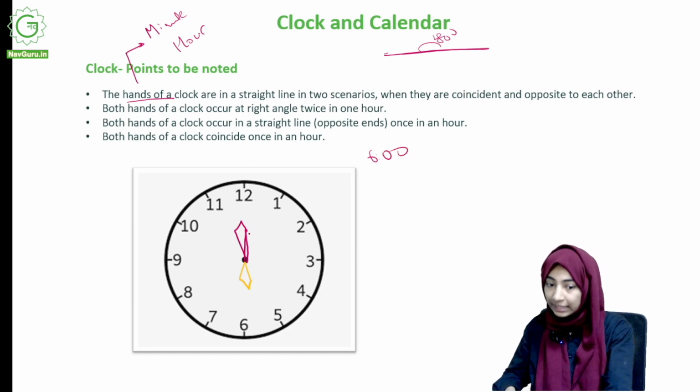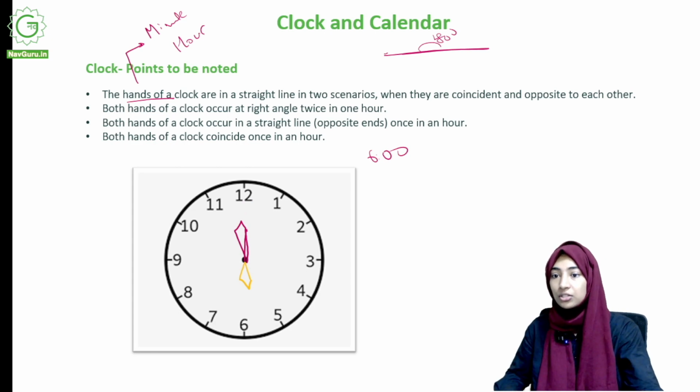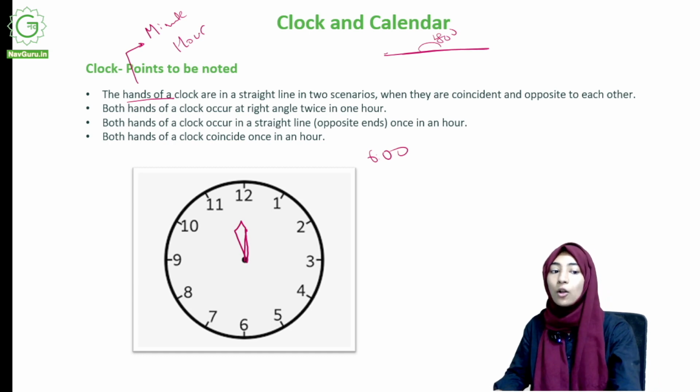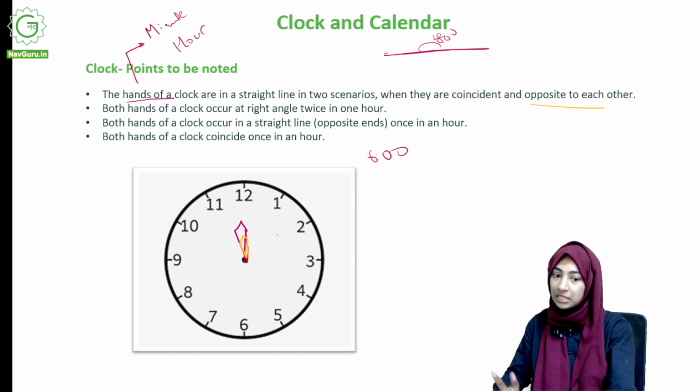So this is one case when the hands of a clock come in a straight line, and the second case is when both of these coincide. The first case that we looked at, these were opposite to each other. The second case is when both of these coincide. So what time is this? 12.